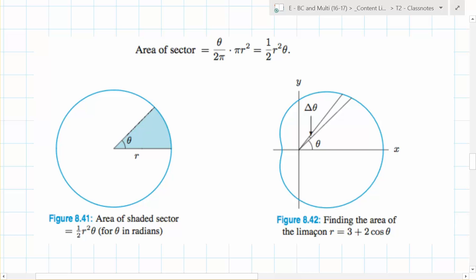So if I wanted to chop this up into sectors, could I chop this up into tons of sectors? Yeah. If I add up the area of all the sectors, I get an estimate for the area of the limacon, right? It's an estimate because r1 doesn't equal r2. But as I chop it up into more and more pieces, does this logic sound familiar, everybody? Yeah. So instead of adding together an infinite number of rectangles, we're adding together an infinite number of sectors.